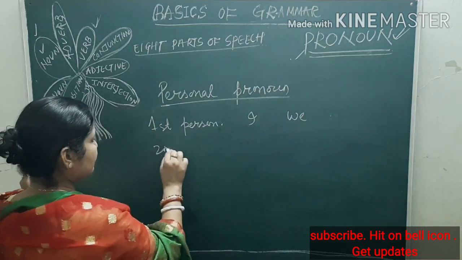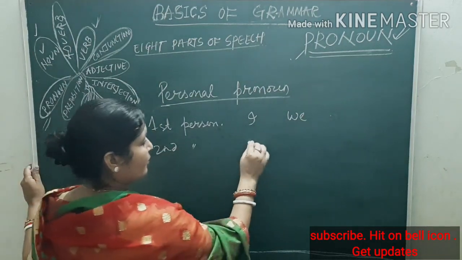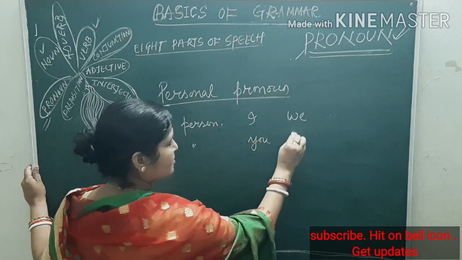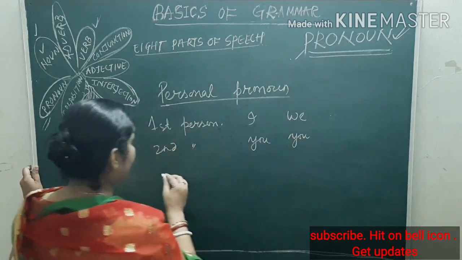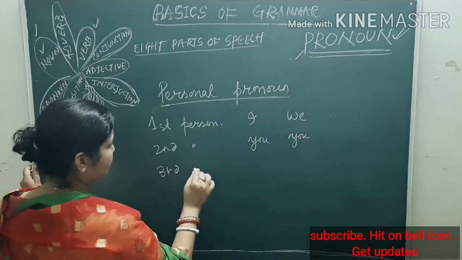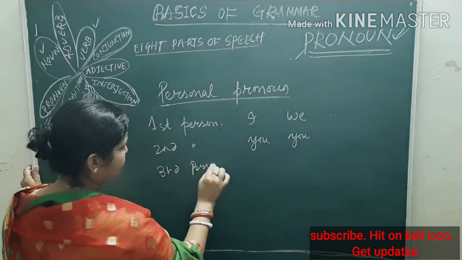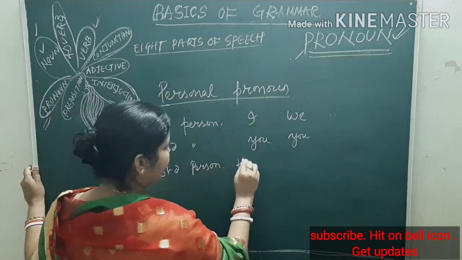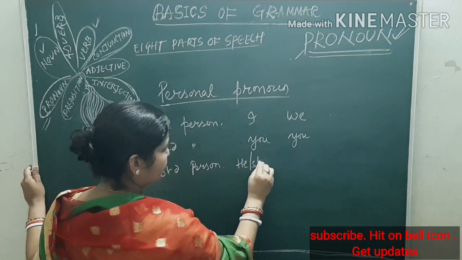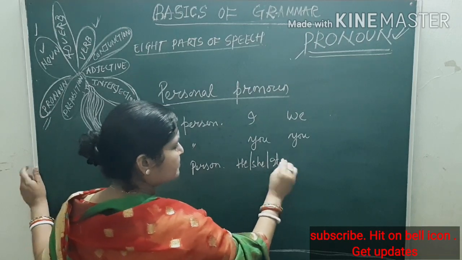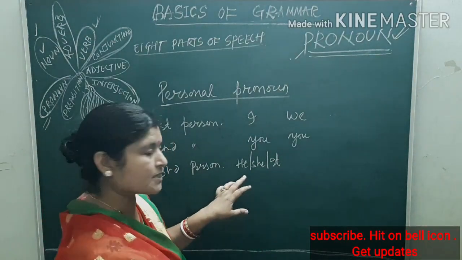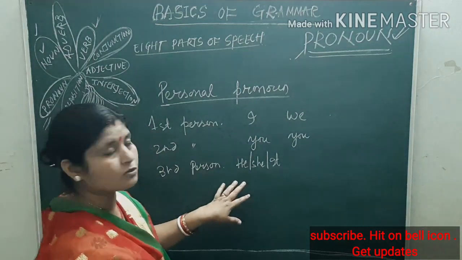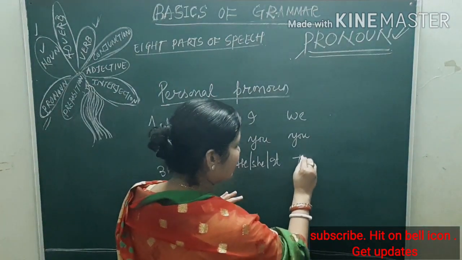Second person, you, and plural also you. And the third person, he, she, it, for the names of all things which come under third person singular number, and they is the plural form of it.